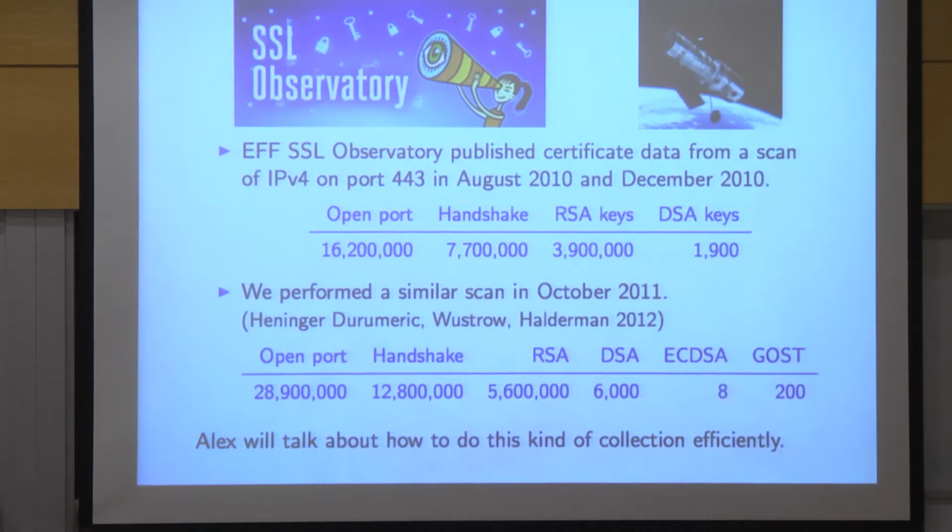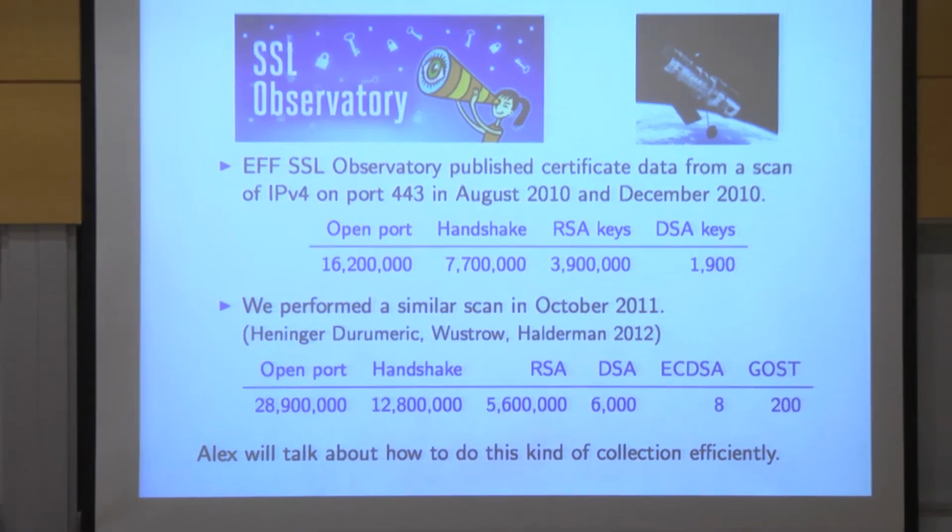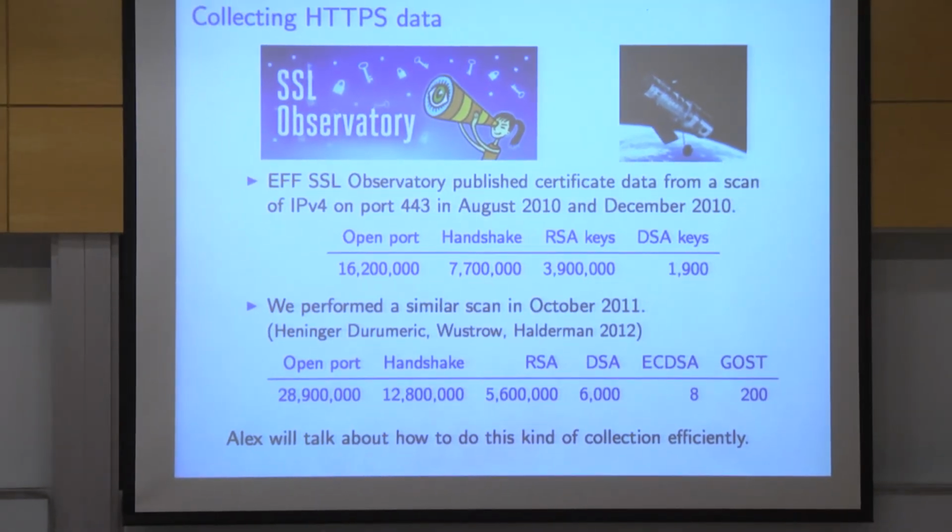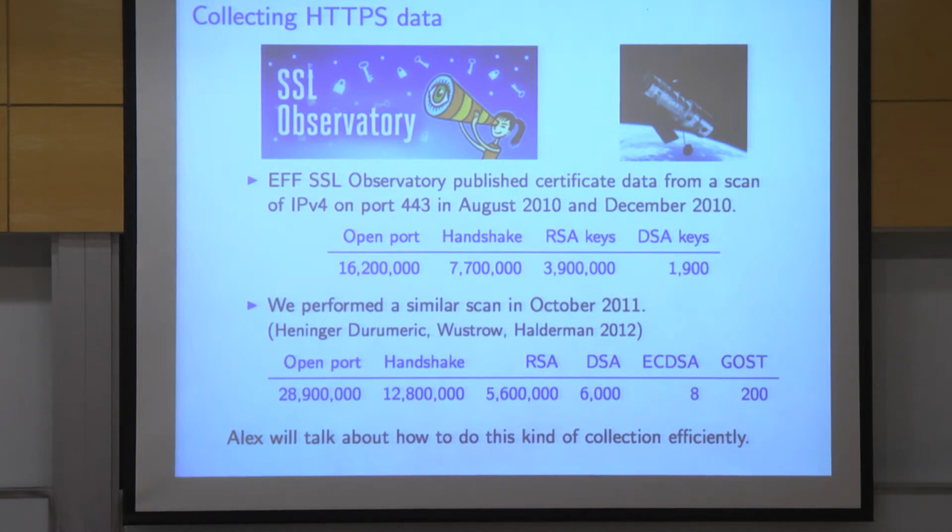Then, of course, the question is, how do you collect HTTPS data? In 2010, the EFF published a database of SSL certificates, the SSL Observatory, and they got this data by doing a scan of all of IPv4 on port 443. This took several months, and they got several million certificates.